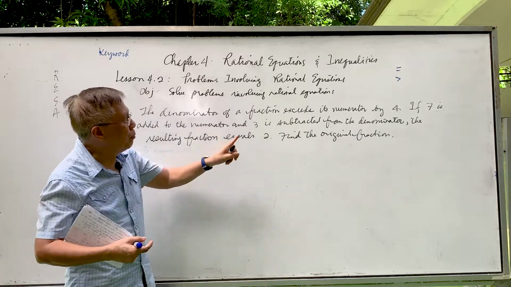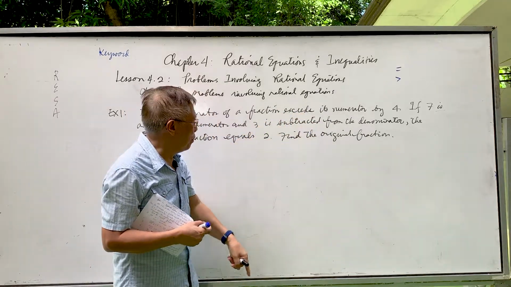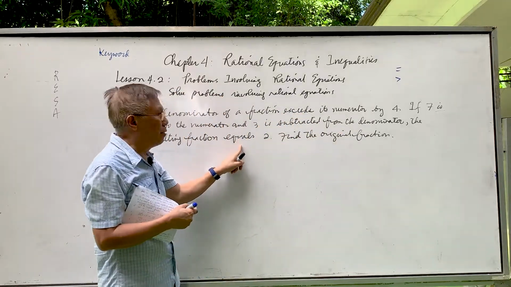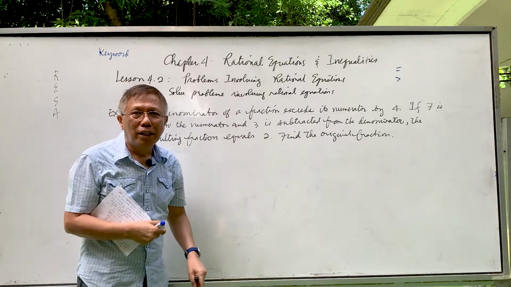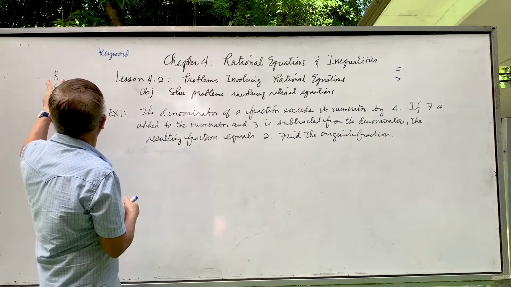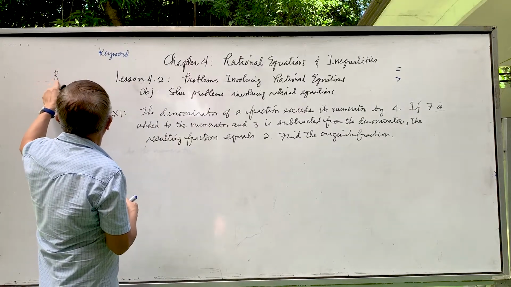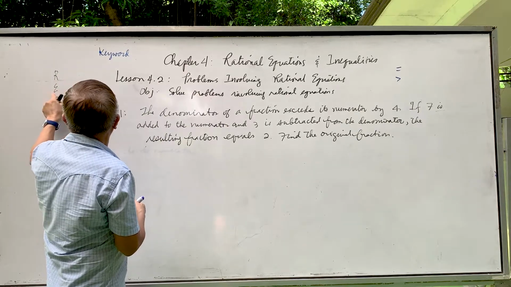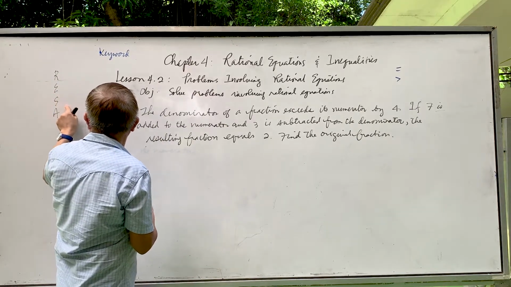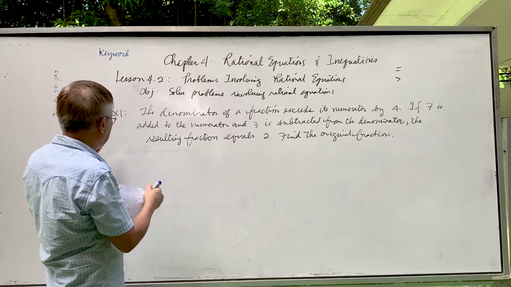Or they can come in words like exceed or equals. Okay, those are keywords. Now, you have been taught how to solve word problems by identifying the representation, the variable, equation, the solution, and the answer.